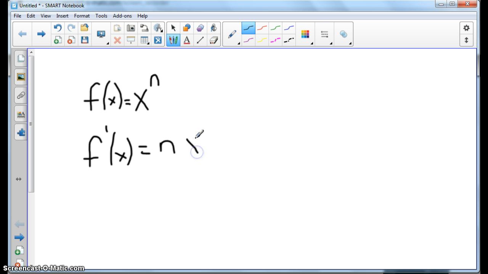So n in front of x, and the exponent subtracts 1 from your original exponent number. So this is the basic setup for the power rule when it comes to finding the derivatives of functions.